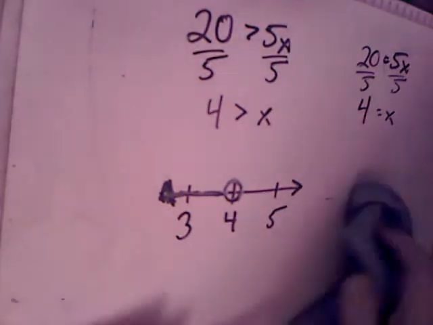There is one trick to watch out for when you're multiplying and dividing inequalities. If I have 5 and negative 5, I know that 5 is greater than negative 5. But what happens if I divide both of these sides by negative 1?